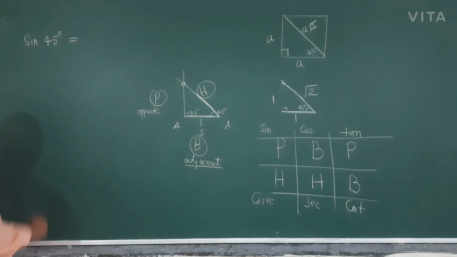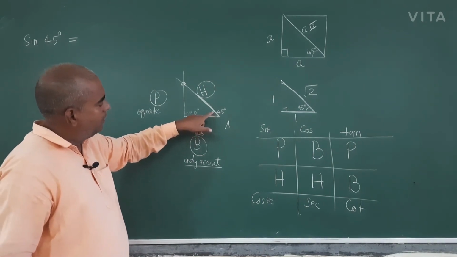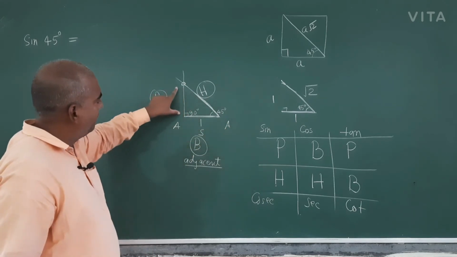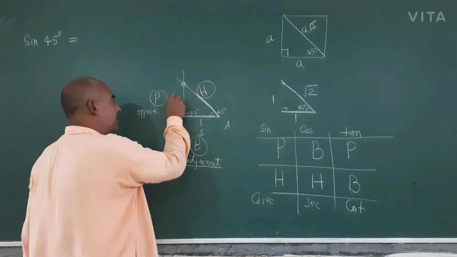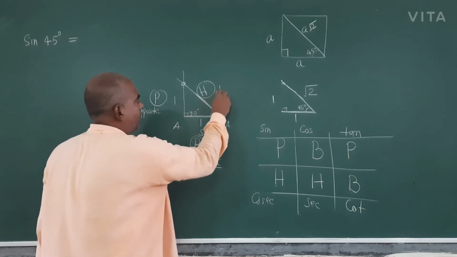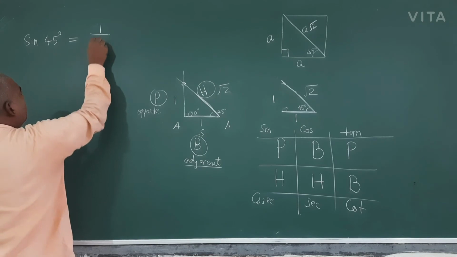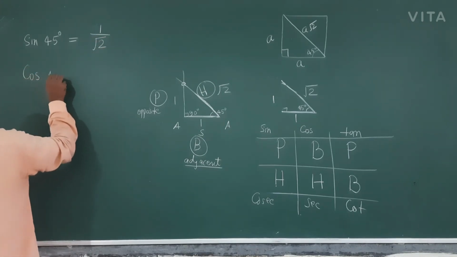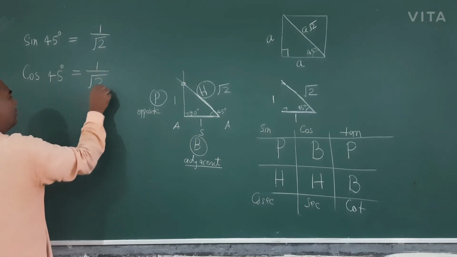Sine 45 means perpendicular by hypotenuse. This is 1 and this will be under root 2, so sine 45 is 1 upon root 2. Cos 45 is again 1 upon root 2.